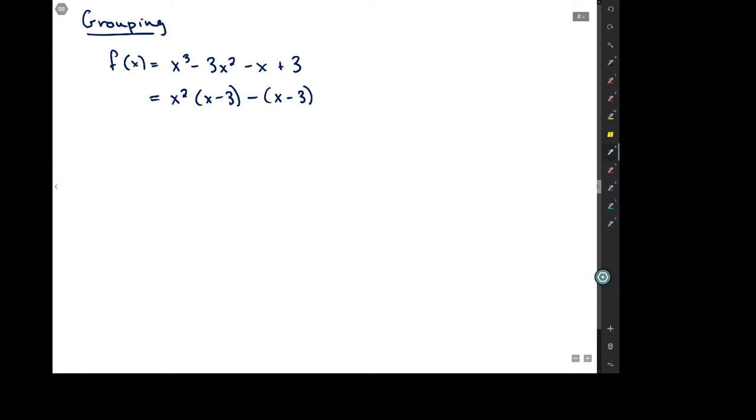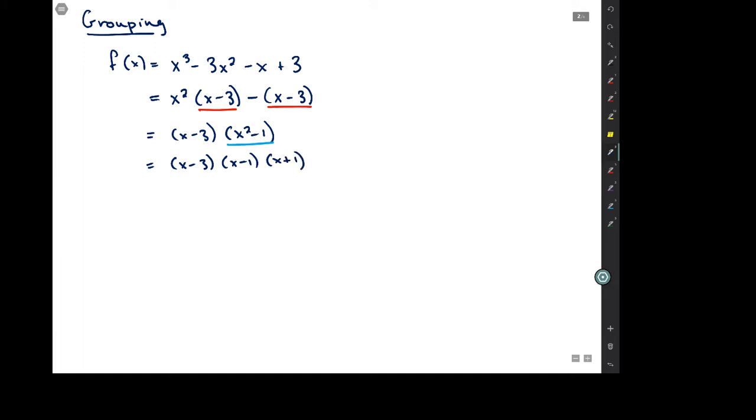The reason why this method works is because in both of these terms now, I have an x minus 3. And so I factor that out, and I'm left with x squared minus 1. Then I notice that in this second factor, I have a difference of squares, and so I can factor that as x minus 1 and x plus 1.